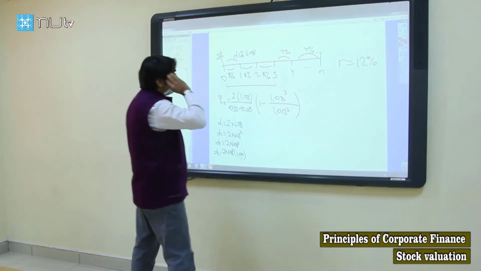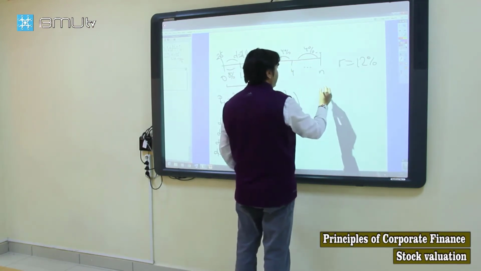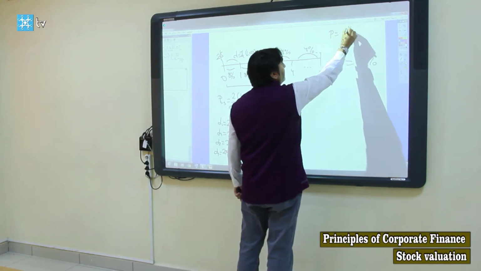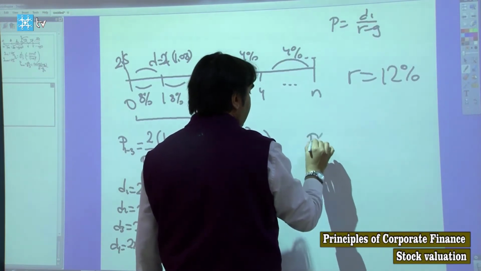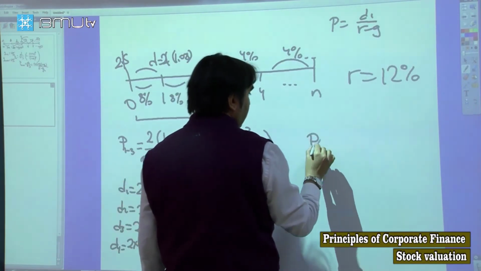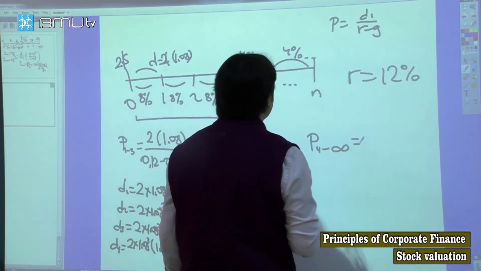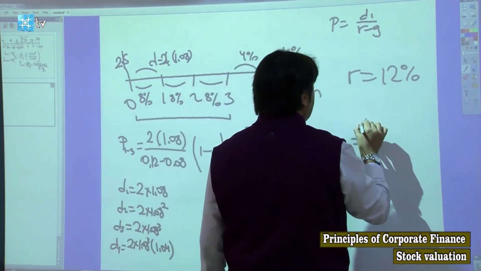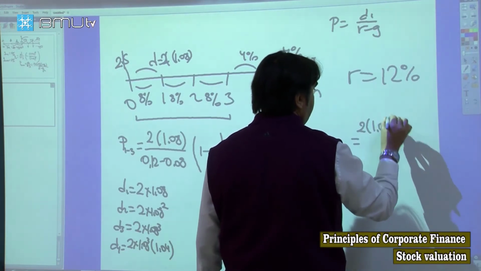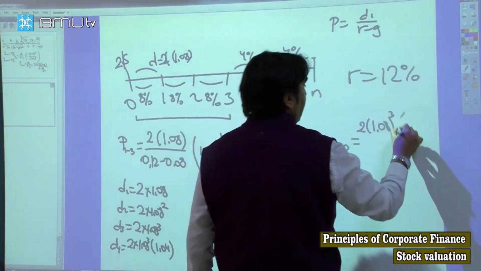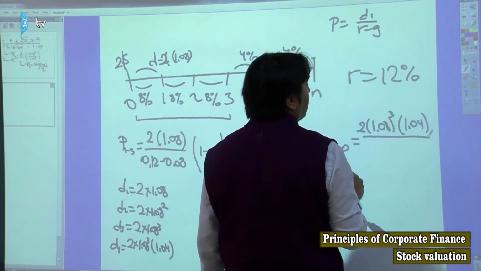So it goes on. So the present value of this growing perpetuity, we know present value is dividend 1 divided by r minus g. Here the present value from 4 to infinity equals dividend 1, that's 2 times 1.08 to the power of 3 times 1.04, divided by r minus g.